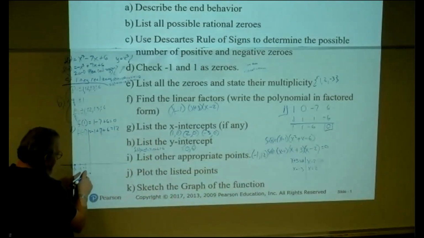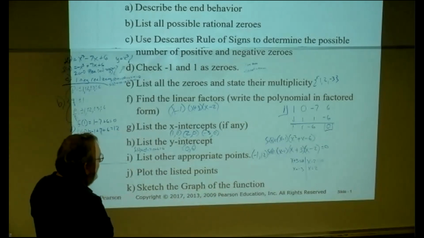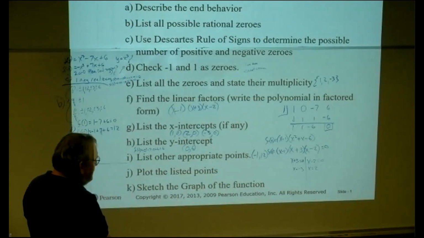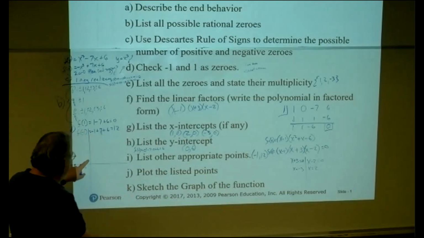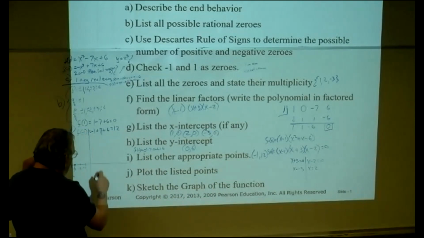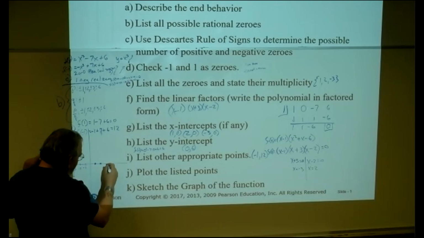And I'm going to find out what happens at -2 and, well, I already found out what happened at -1. So that means I need to add -2 to find. We know what happens at 0, it went up to 6. And then my other 2 zeros are at 1 and 2. So I'm going to look at what happens at 3.